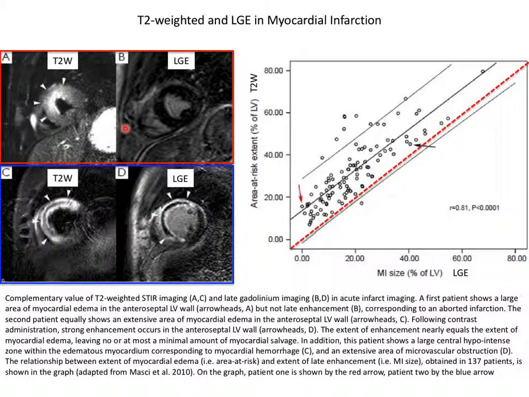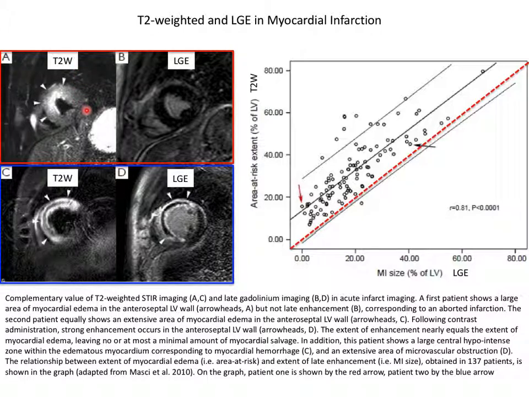So let's look at a couple of patients here. This patient is an acute MI. So this person's had acute coronary stenosis, probably had a ST elevation, came into the hospital, had a heart attack. Right? And then this is their image with T2 weighting. That means long T2 shows up bright, short T2 shows up dark.